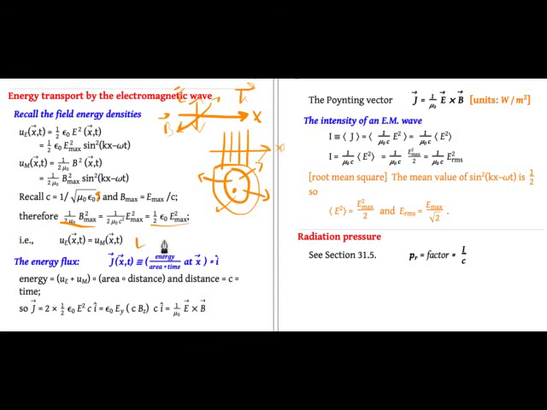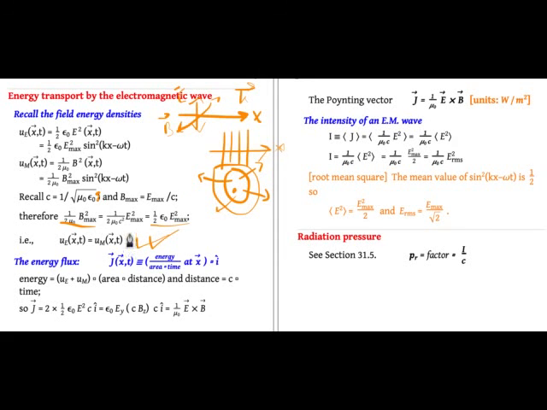So that's a characteristic of light waves. They carry energy. They have energy content because of the energy of the electric field and the energy of the magnetic field. And the energy content is equal for the electric field and the magnetic field.